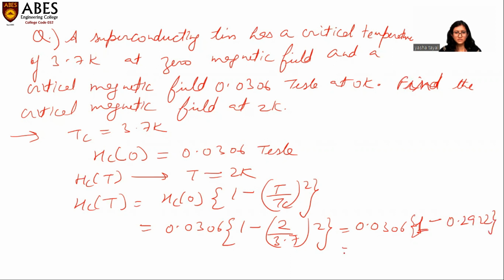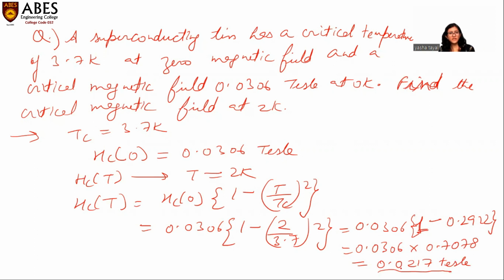I'm going to solve this. 1 minus it will lead to 0.7078. And the answer will be 0.0217 Tesla. So this critical magnetic field is at 2 Kelvin. So this value is less than the value at 0 Kelvin. So as we move away from 0 Kelvin, the critical magnetic field value will reduce.